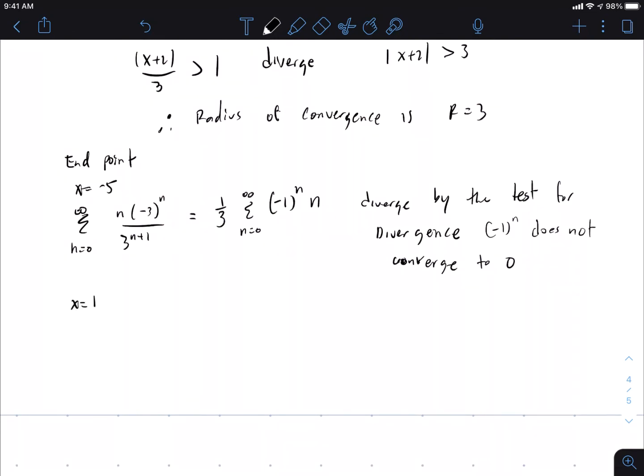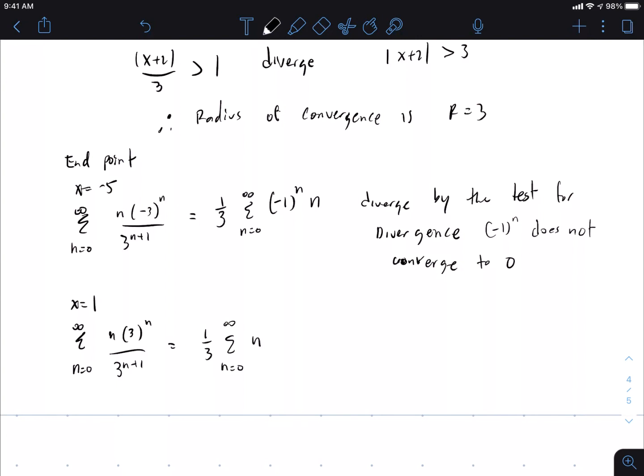Now let's check at 1. So we're going to get 1/3 the sum of n equals 0 of n. That's how that one cleans up.